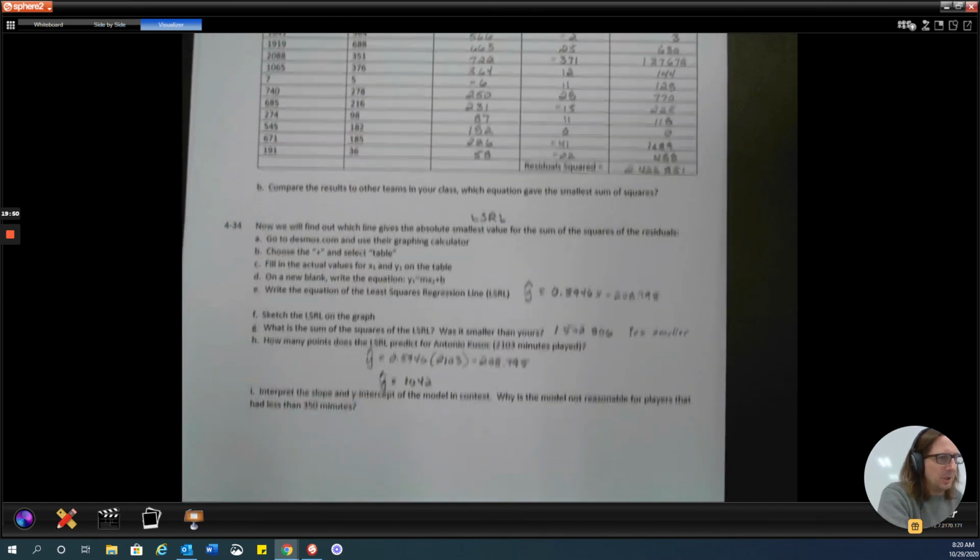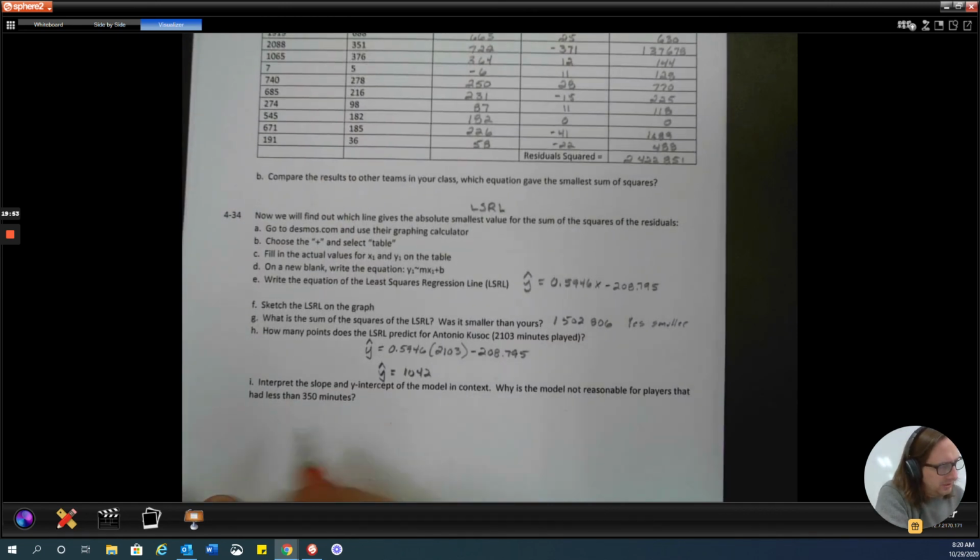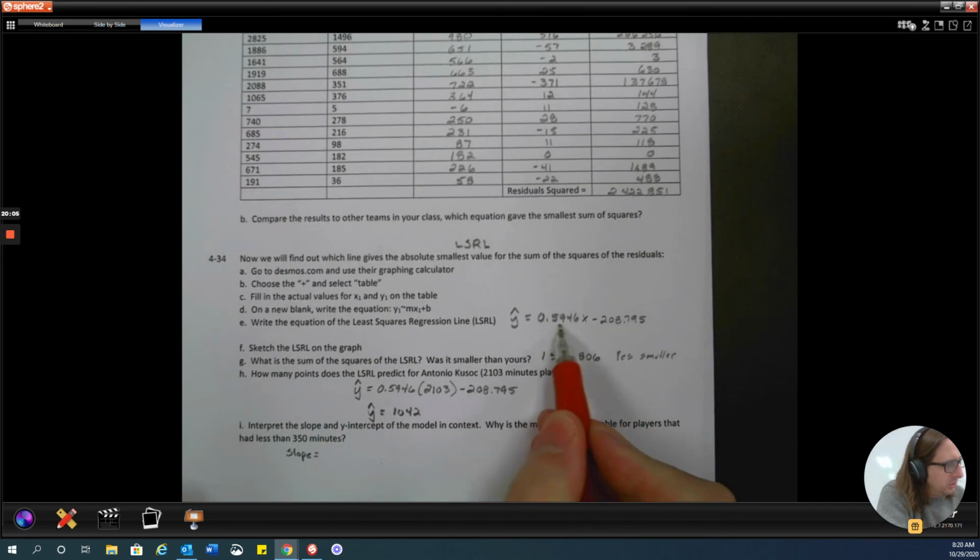All right, interpret the slope and the y-intercept. So the slope for this one is saying that, remember, we're comparing the time played to the total points. So my total points are going to increase since this is a positive slope.